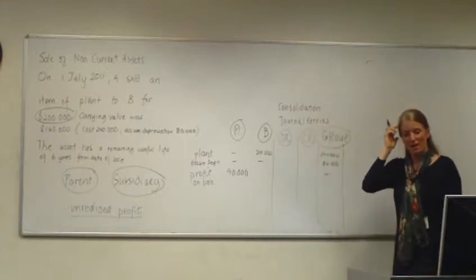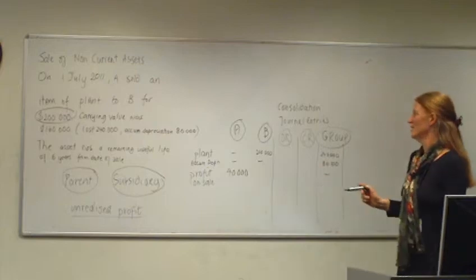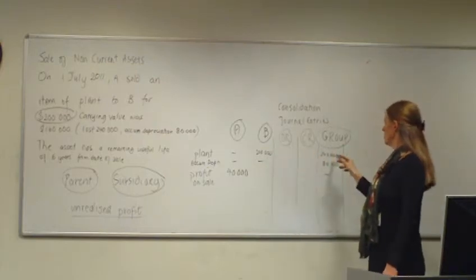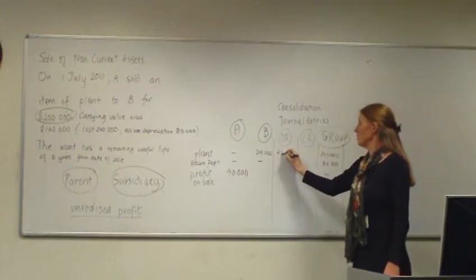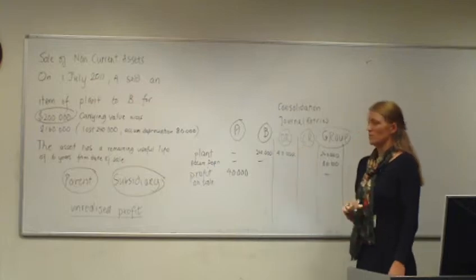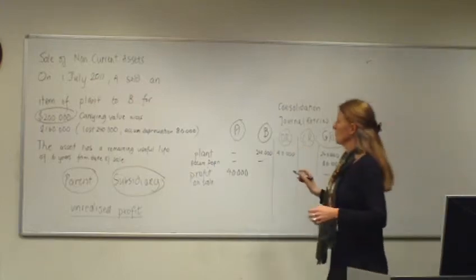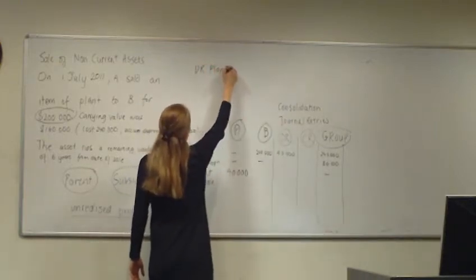To get the plant from 200 to 240, we're going to have to debit plant 40.